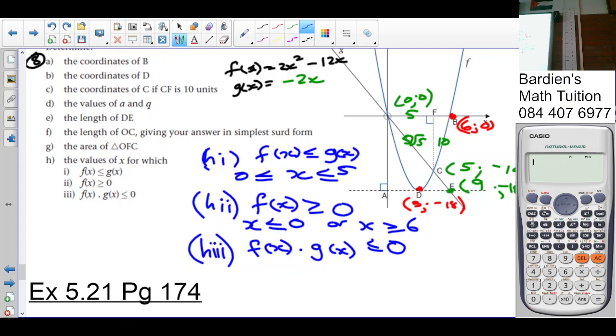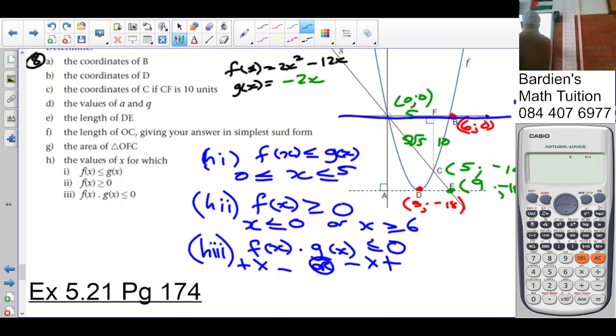So under what condition, when we multiply two numbers, is it negative? A positive times a negative or a negative times a positive. So that means one graph must be above this line, so it's positive, and one graph has to be below the line, which is negative. So is that the case on this side of 0? No. What do you notice about the graphs at this point? Both are positive.